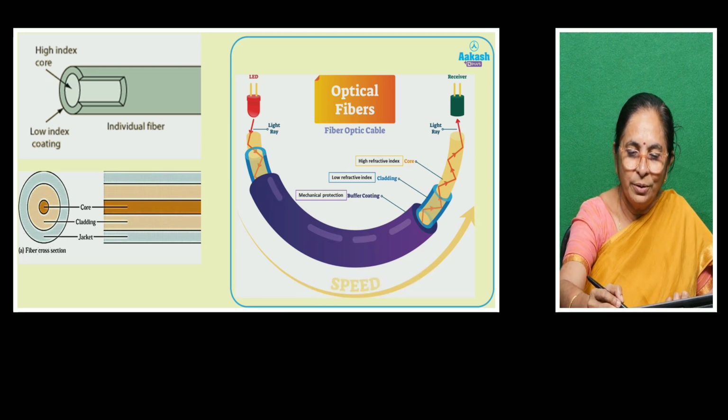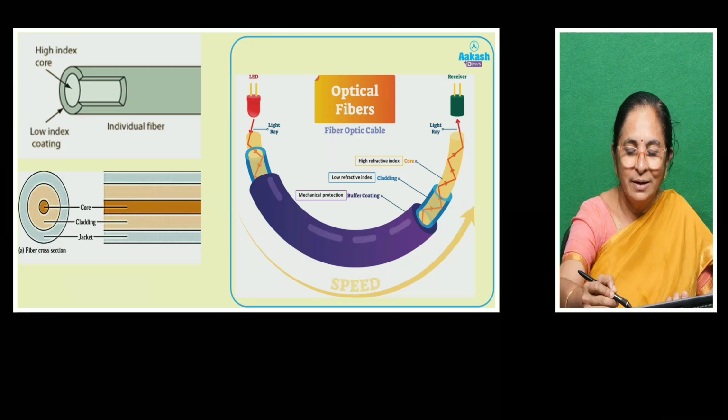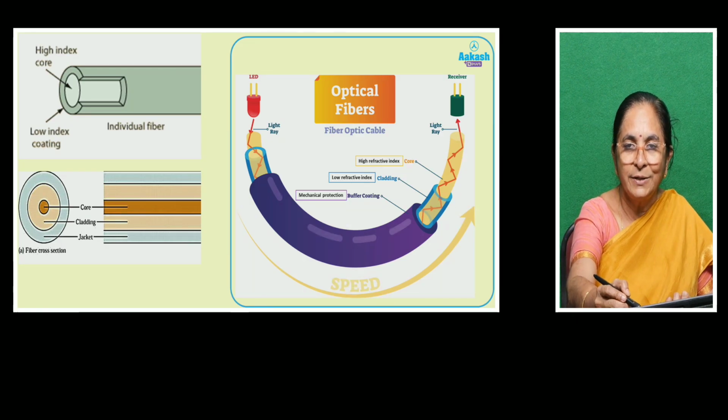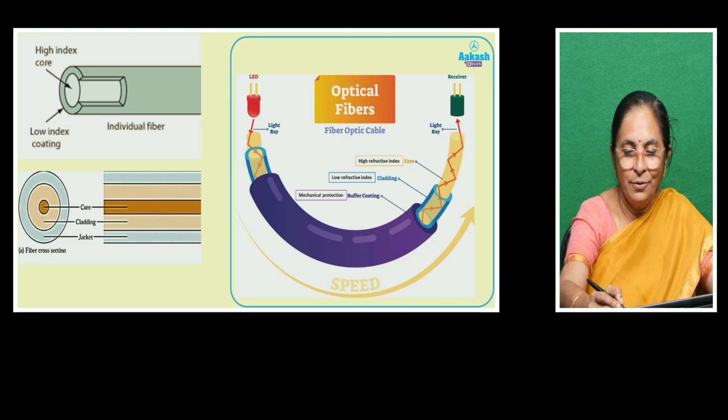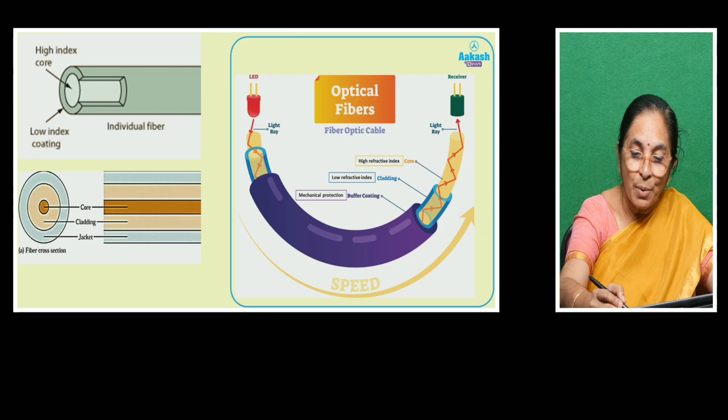Innermost part is core, the blue is cladding with an outer coating, and these three will be inserted into the jacket. Now using LED light source or laser diode source, the light energy is allowed to enter into the cable at certain angle. This light ray meets the boundary between the core and the cladding.